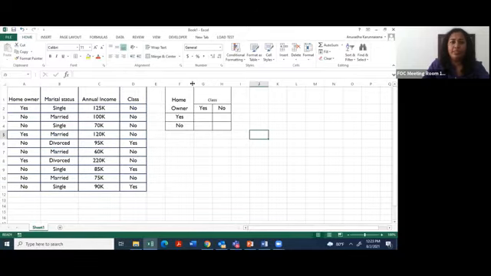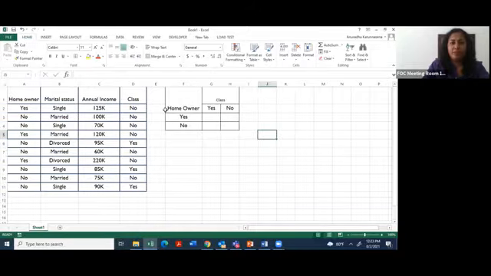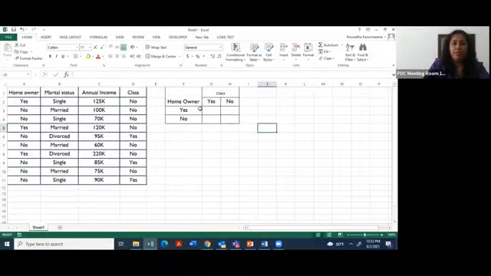Now students, how do you fill it? It's very easy. You can say, okay, now tell me, when homeowner is yes, decision is yes, how many rows do you have?